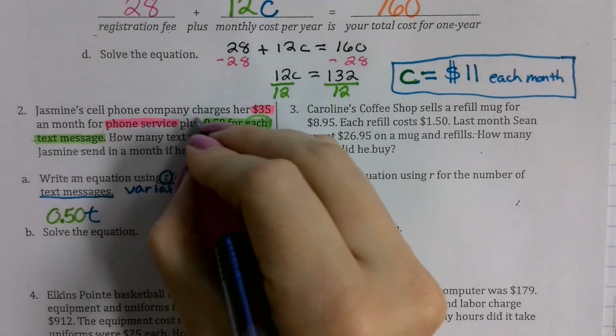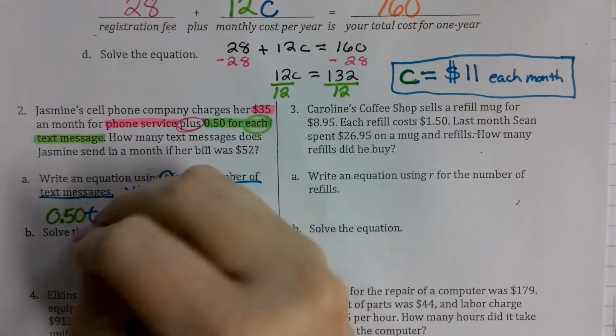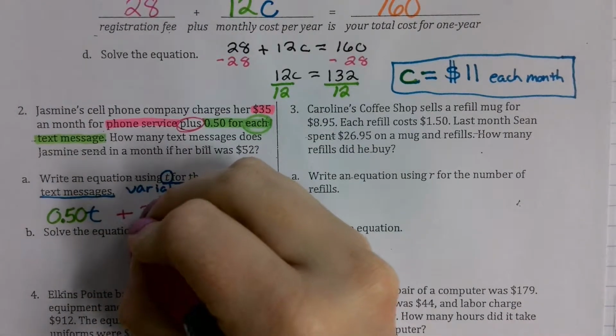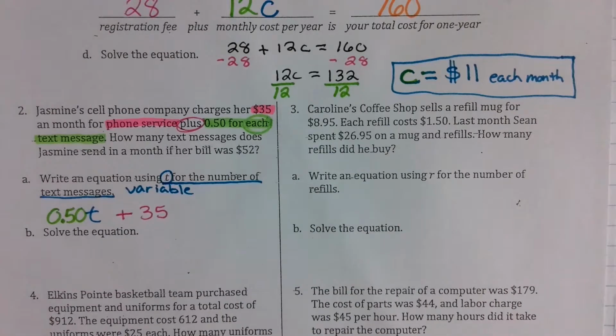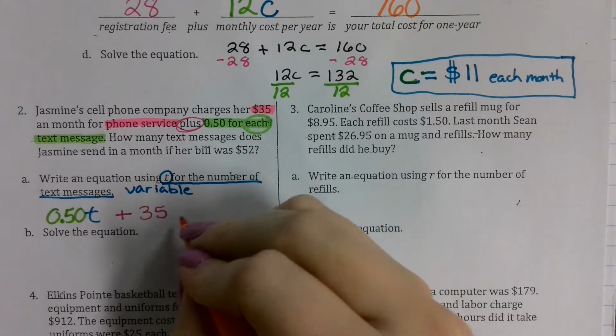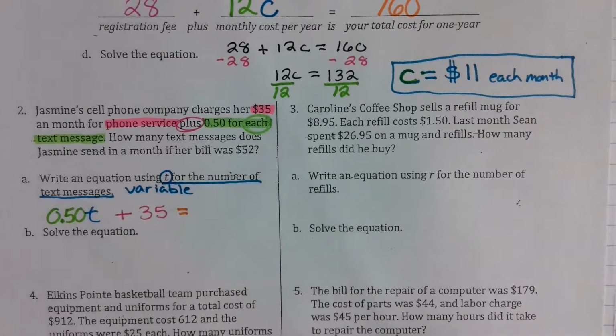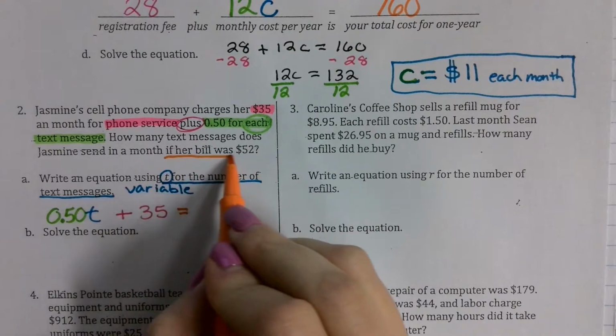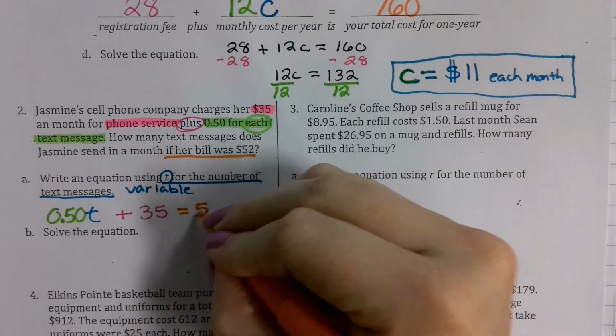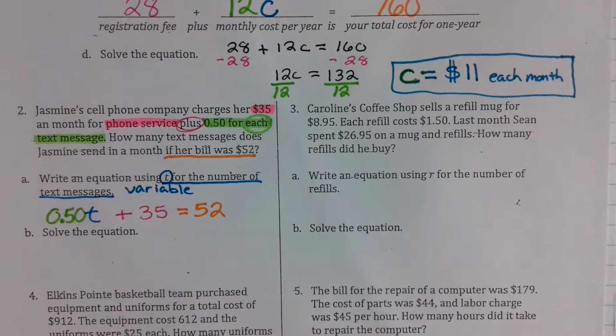And it already tells me my operation that it's going to be plus, so that makes it easy. So I'm going to add 35, and that's going to equal my total bill. What's the total bill? 52. So the total bill is 52, so it's equal to 52. So there, you've written your equation.